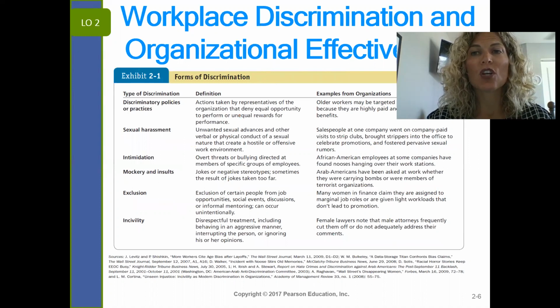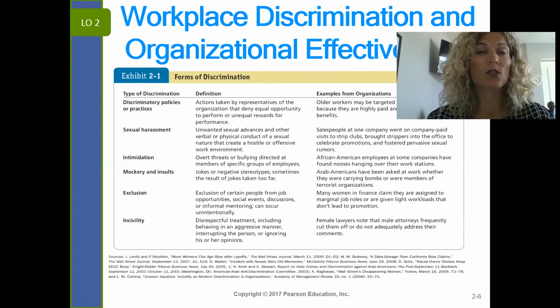This chart just shows some different forms of discrimination. On the very left-hand side is the type of discrimination, whether it's in our policies, harassment, or intimidation, and then you can see the definition and some examples of that.